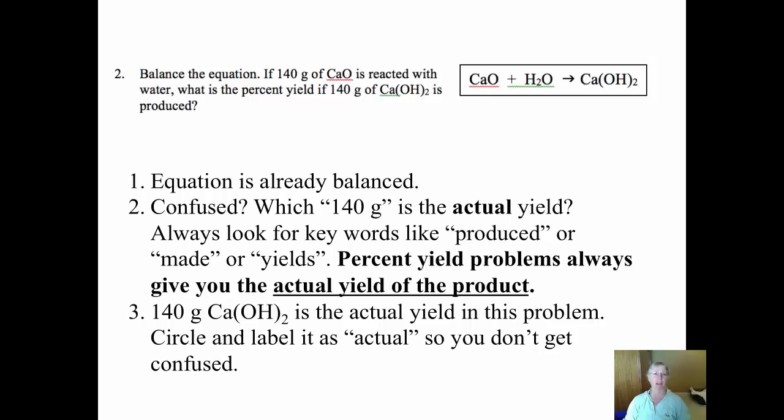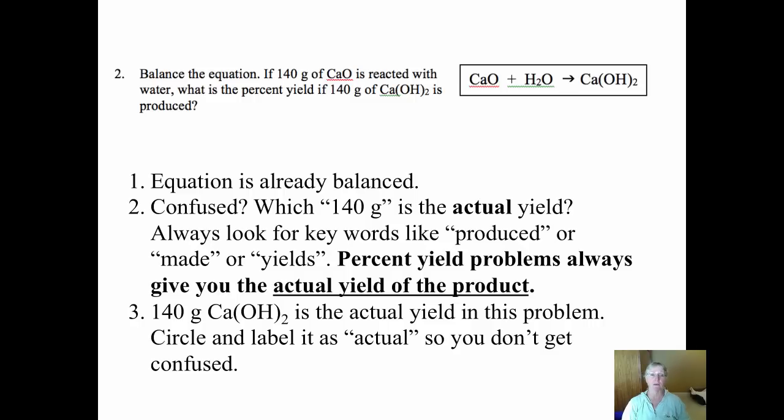Now here's that second problem on the worksheet. Now it starts to get a little challenging. Your first step is always to balance an equation. And a quick look at the far right is telling me it's balanced. I have a calcium, 2 hydrogens, and 2 oxygens, both on the left and on the right. But what's confusing is we tried to trick you by putting 140 grams of calcium oxide and 140 grams of calcium hydroxide.